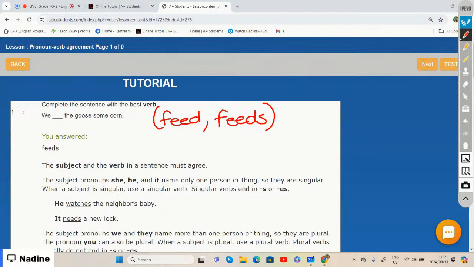All right, and if we were to choose the correct option, remember we said that if our subject is plural, then we need to have a plural verb which does not end with an S or ES.